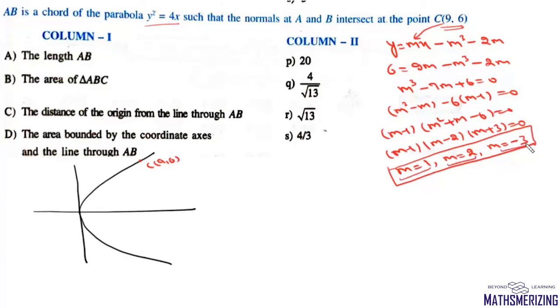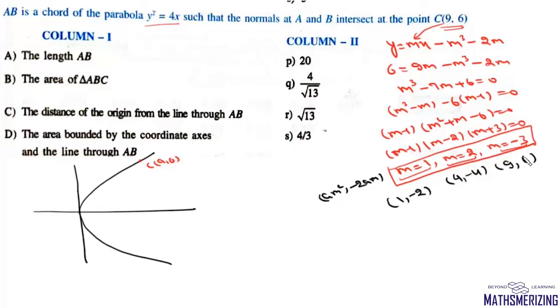So we can find foot of normals, which are am square, minus 2am. Now here the value of a is 1. So if m is 1, we'll get this point as 1 comma minus 2. If m is 2, we'll get this point as 4 comma minus 4. And if we take m as minus 3, then we'll get this point as 9 comma 6.